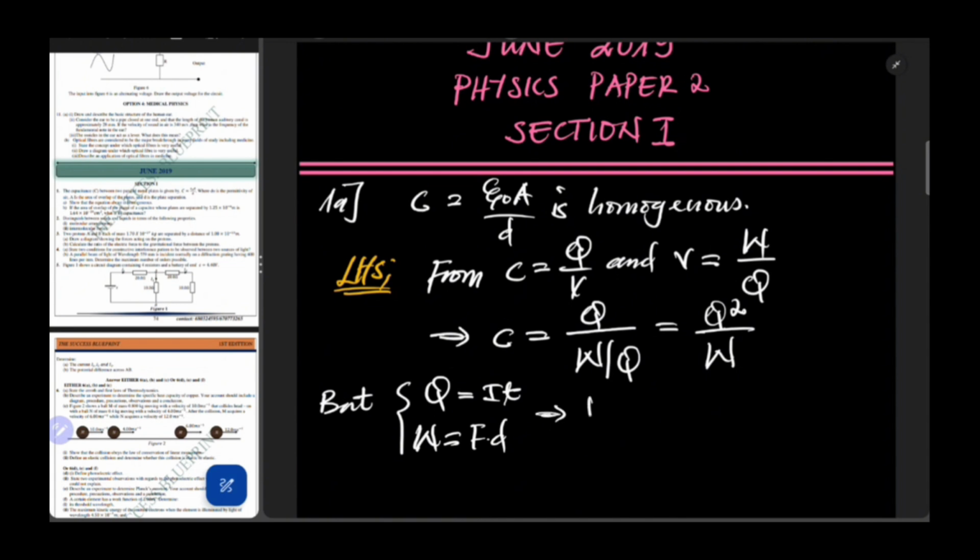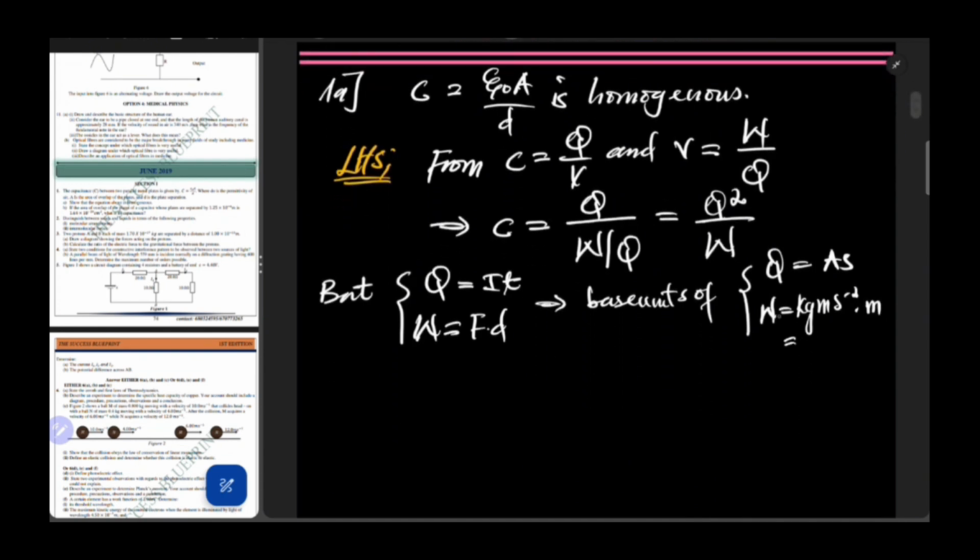So this implies that the base unit of charge will be equal to ampere second, since current is measured in amperes and time is measured in seconds, while the base unit of work done will be equal to the base unit of force times the base unit of displacement, which is kilogram meters per second squared times displacement measured in meters, which means that the base units of work done will be equal to kilogram meters squared per second squared.